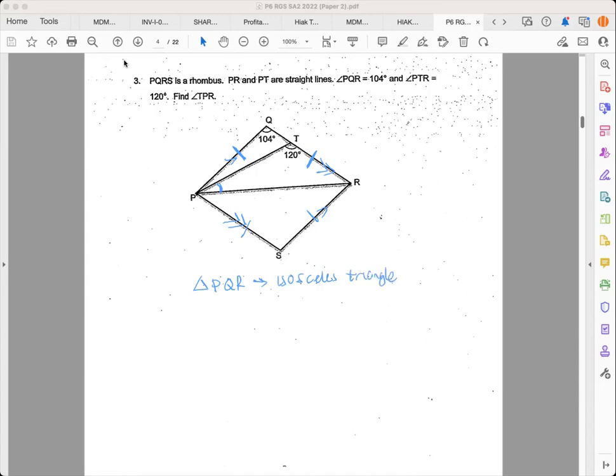So what I can do is use 180 minus 104, I will get 76 degrees, and 76 degrees divided by 2, I'll get the base angle of the isosceles triangle, which is 38. So this is 38 degrees. Now, I'll focus on this triangle.